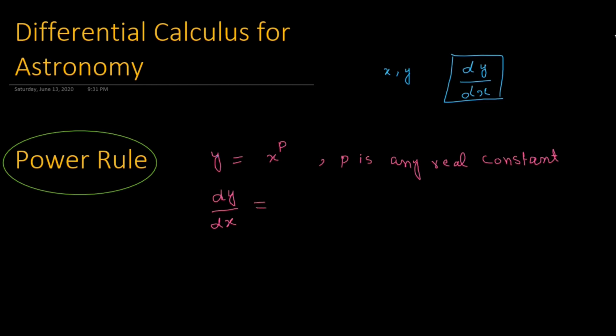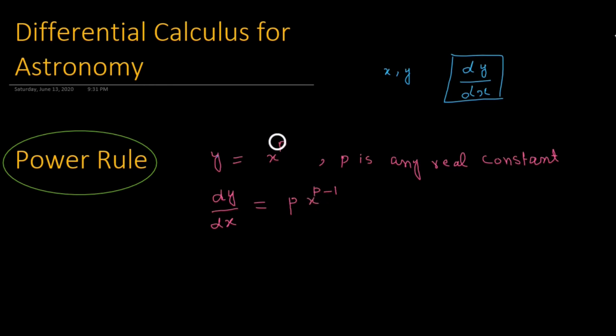We will write the power p first, then x, and the power becomes p minus 1. So the language used for the power rule is: power before, and subtract 1 from the power. This is called the power rule.